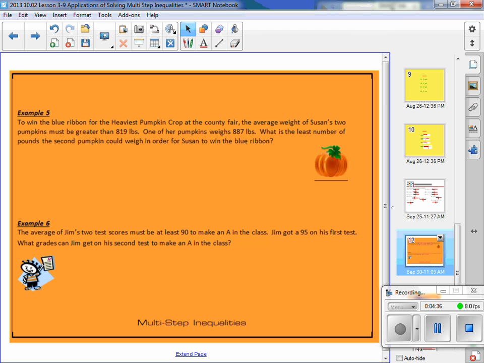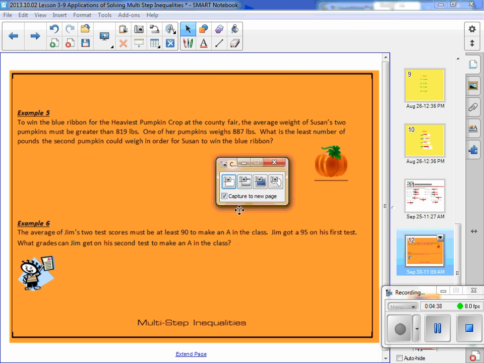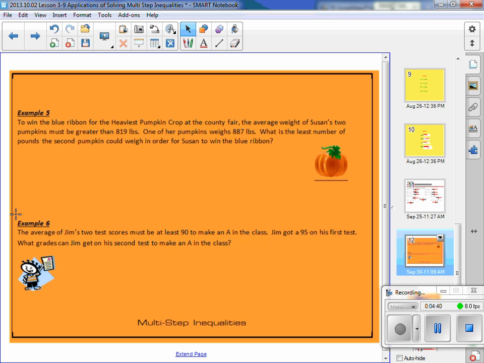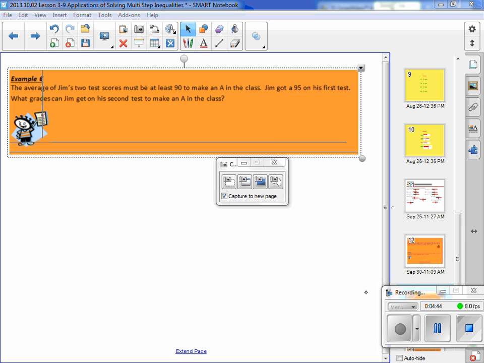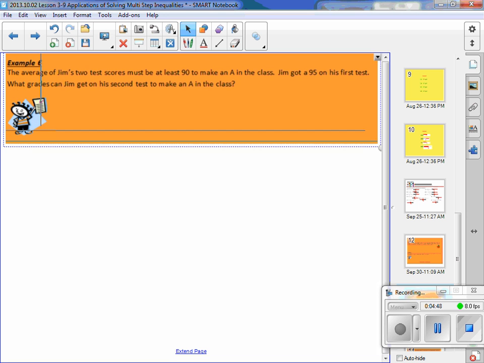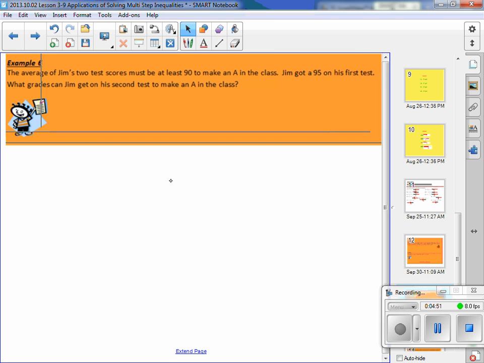So, example 6. Says the average of Jim's 2 test scores must be at least 90 to make an A in the class. Jim got a 95 on his first test. What grades can Jim get on his second test to make an A in the class?